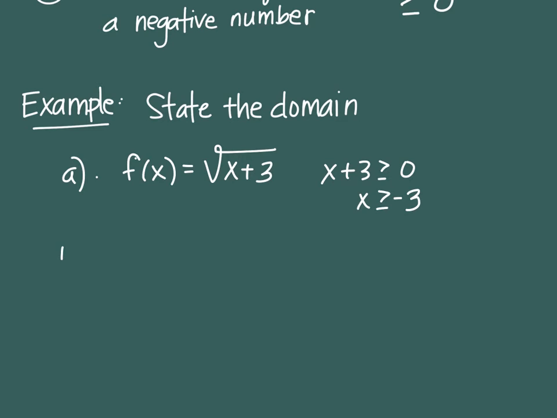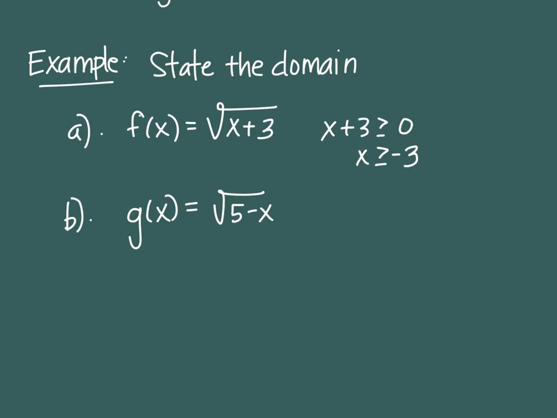All right, example B. G of x, the square root of 5 minus x. Okay, well, the bouncer has some work to do for this problem. So you take what's in the square root, which is 5 minus x, you use the symbol associated with that commandment, which is greater than or equal to 0, and you solve the math problem.